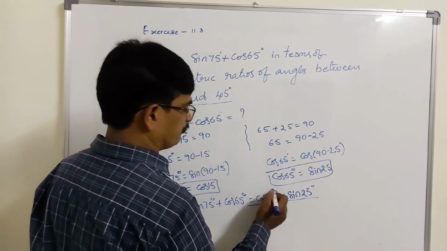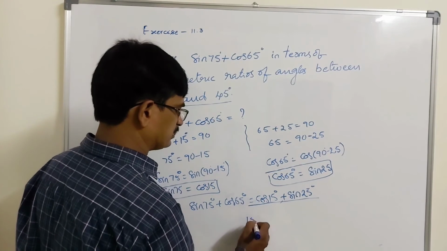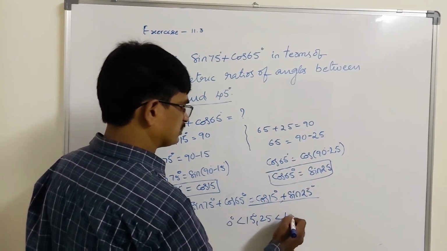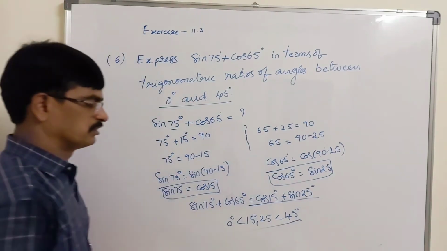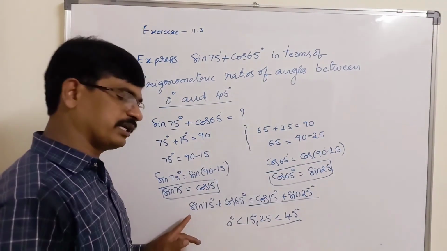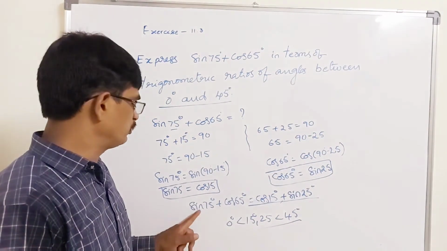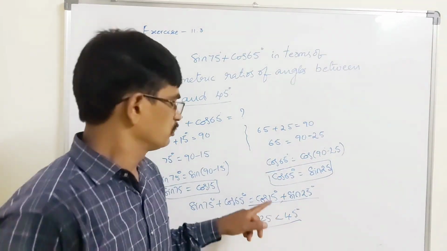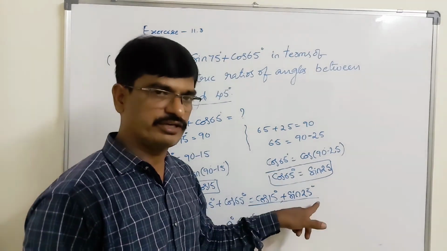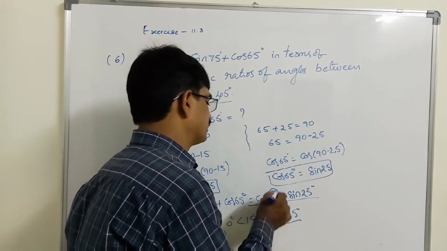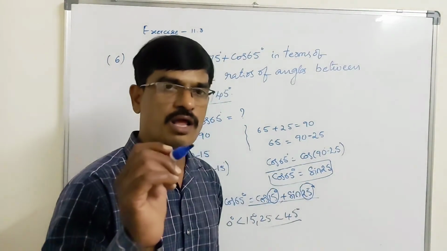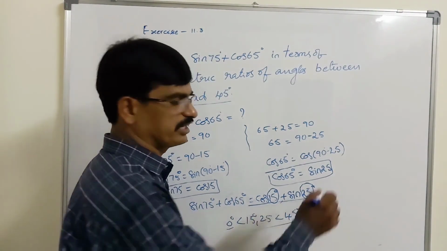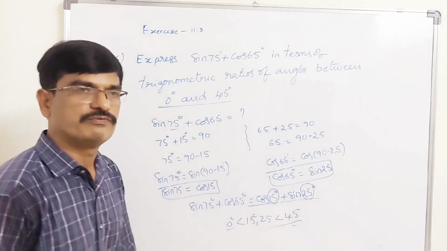If you observe, 15 degrees and 25 degrees are greater than 0 degrees and less than 45 degrees. That is, the given trigonometric expression sin 75 degrees plus cos 65 degrees is converted into cos 15 degrees plus sin 25 degrees, where 15 degrees and 25 degrees are lying between 0 and 45 degrees.